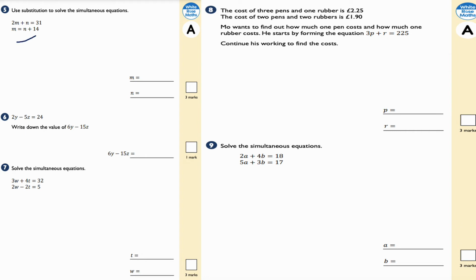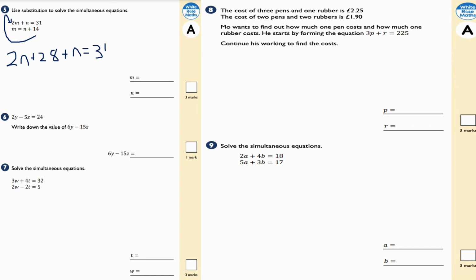So if I sub this one into the first equation, I'm going to have 2 lots of n plus 14. So 2n plus 28, so 2 lots of this, plus n is equal to 31.